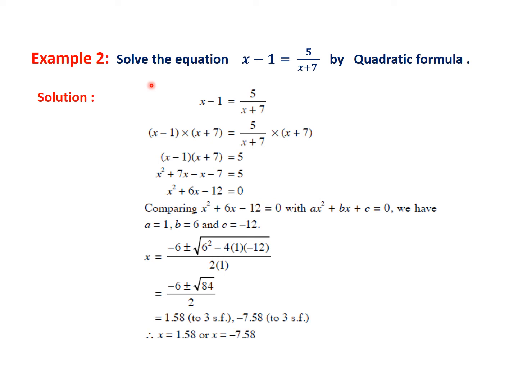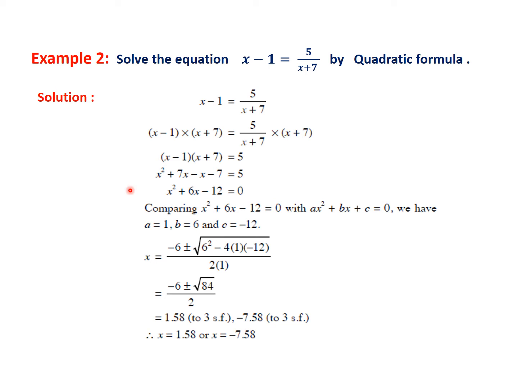Then example 2. Solve the equation x minus 1 equals 5 over x plus 7 by quadratic formula. First of all, we need to simplify this equation. We multiply on both sides by LCM, that is x plus 7. We simplify this, getting this equation x square plus 6x minus 12 equals to 0.